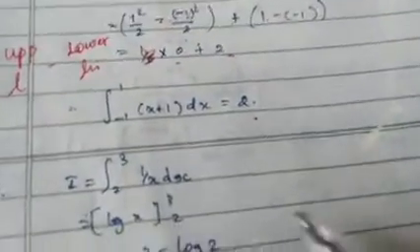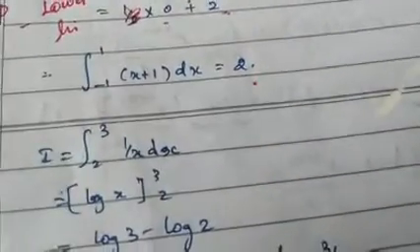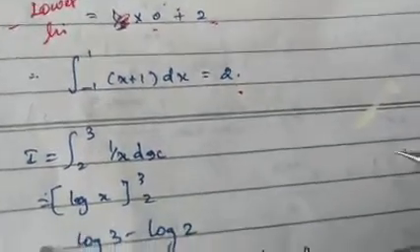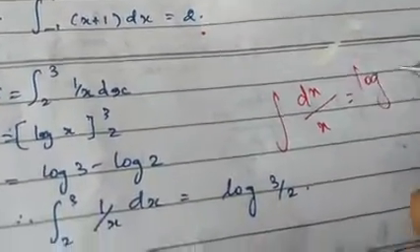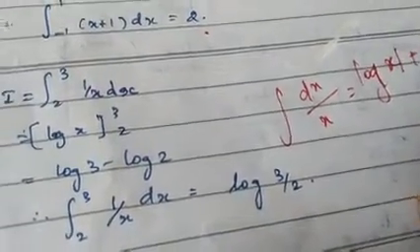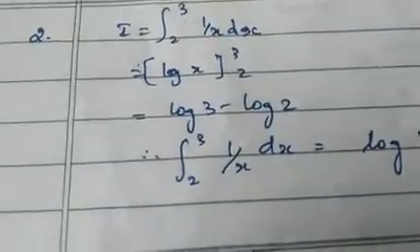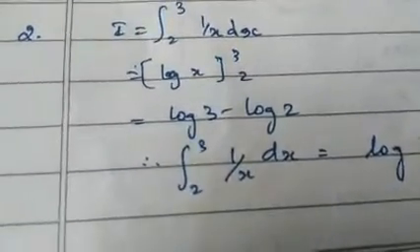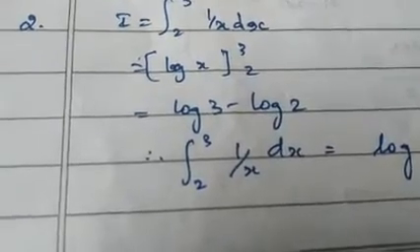The next question: the integral from 2 to 3 of 1 by x dx. Therefore, the integral of dx by x is nothing but log mod x plus c. Whenever you are substituting the upper limit and the lower limit, you won't be writing the constant of integration, since they have given a certain area where we need to integrate.